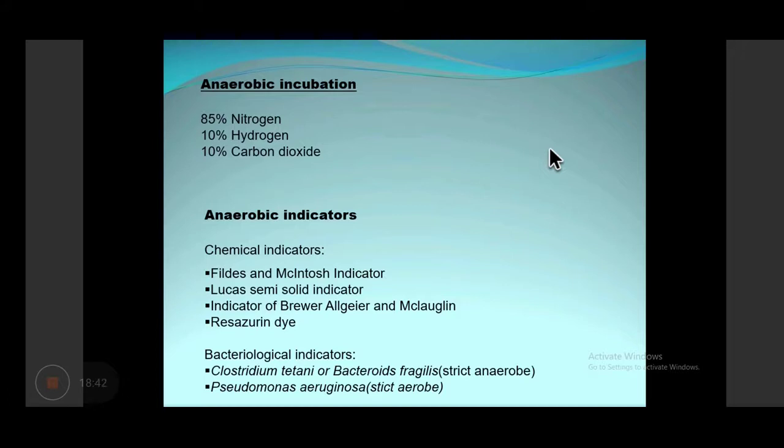What are the indicators? There are semi-solid indicator, indicator of Brewer or Algiers, indicator residue in dye, bacteriological indicator like Clostridium tetani or Bacteroides fragilis. So these are the strict anaerobes, they will not grow in presence of oxygen. Or Pseudomonas aeruginosa, if there is a growth of Pseudomonas aeruginosa, it means the anaerobic condition is not maintained.